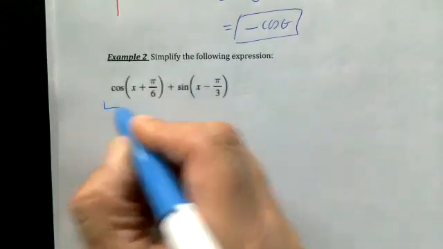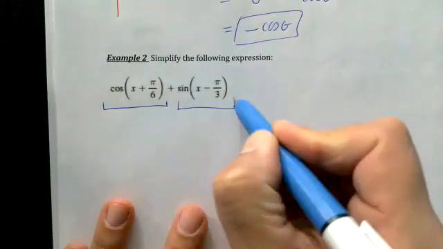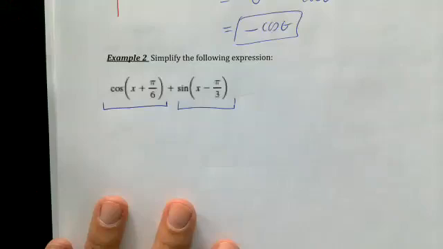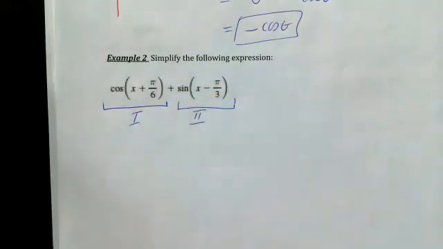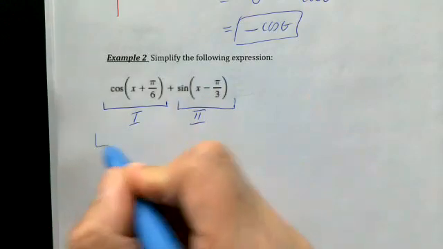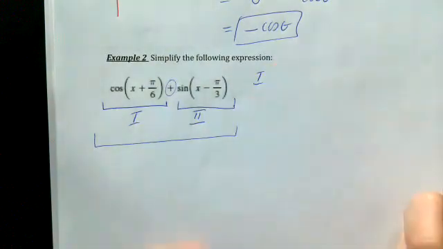So we have a cosine of a sum, and then we have sine of a difference. If you want, you can split the work in 2 separate steps, and at the end make sure you put them together, because in between them you have a plus, right? You have to add them up. So let's start with the first one.